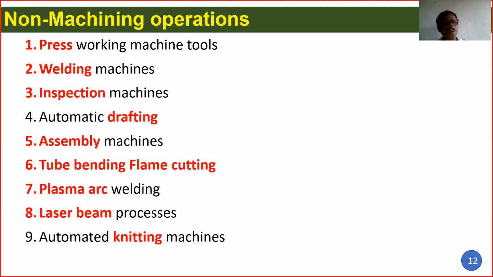So all these are non-machining applications of NC machines. Then also for riveting it is used.